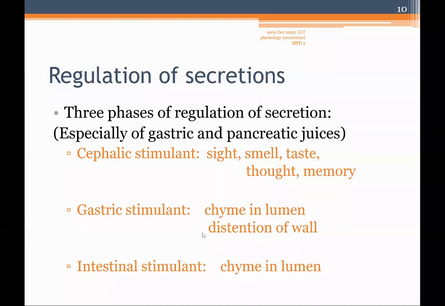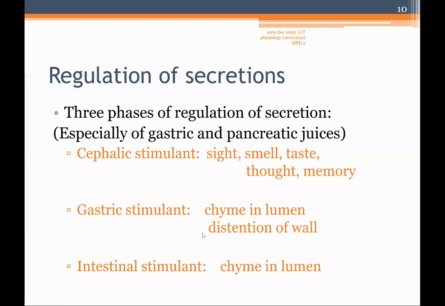And the 3 phases, this was the experiments that were done to show these distinct phases, were experiments where they were looking at the stomach, the gastric mucosa, and looking at the pancreas. So they were actually measuring pancreatic and gastric juices. But to a certain extent, you can expand this to actually cover the function of the gut itself.